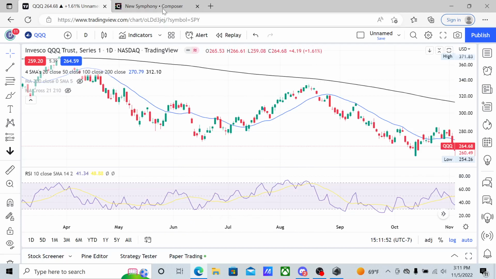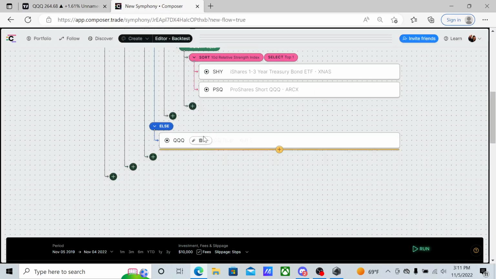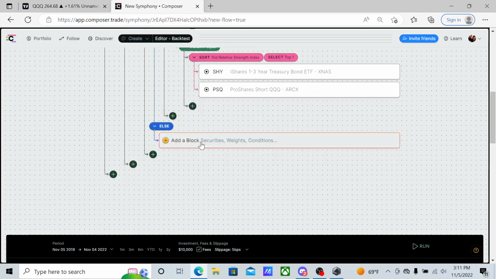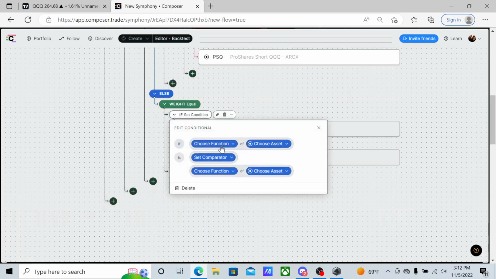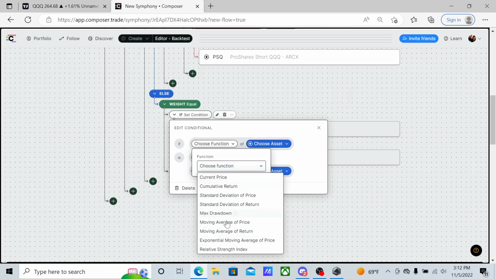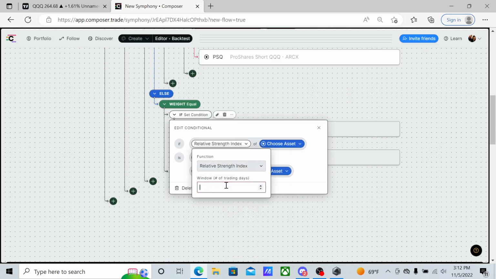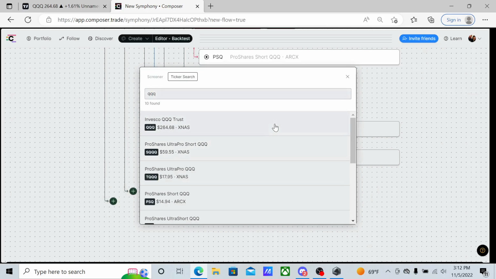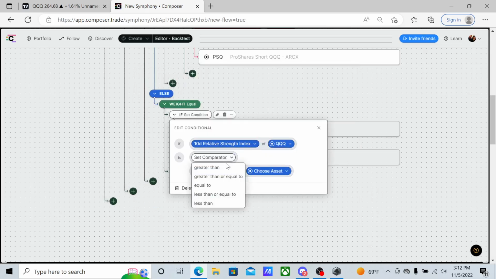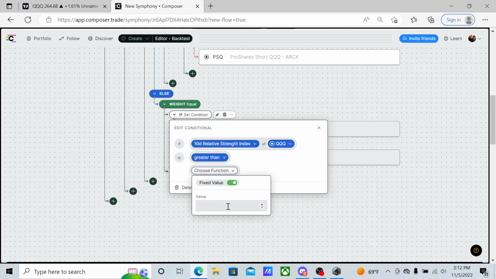So if you wanted to capture those moves, you could input something like, okay, if the 10-day RSI of QQQ is greater than, let's just do 70.